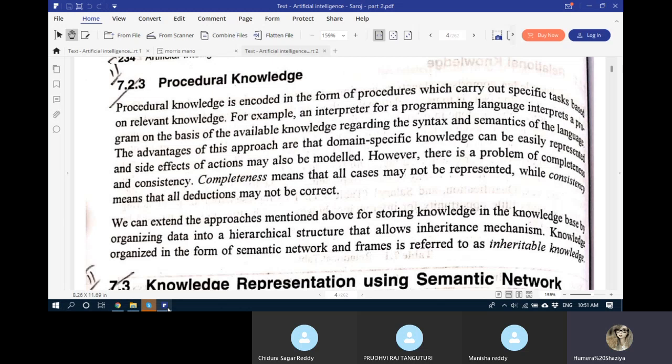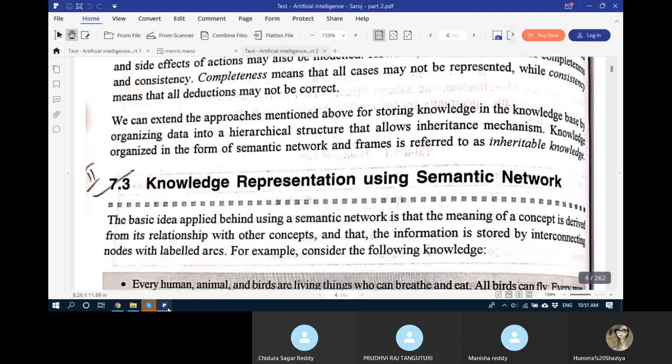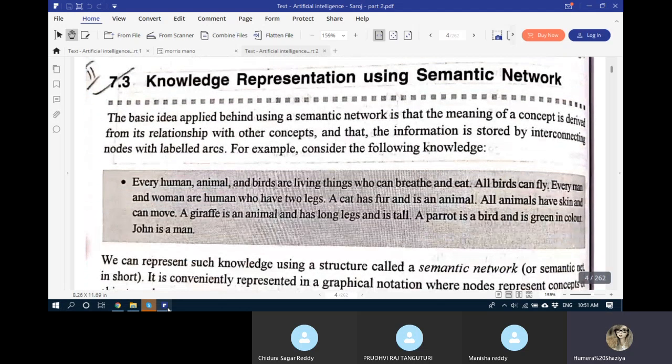So one such structure is a semantic network. A semantic network represents knowledge in the form of a hierarchical structure, and you can derive the relationship between the concepts by using the hierarchy.